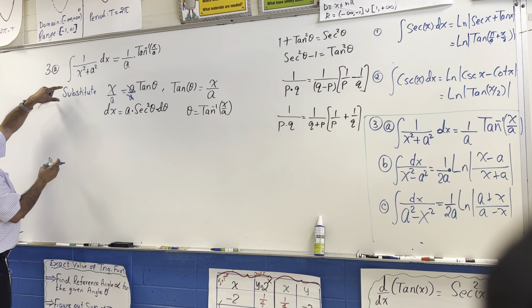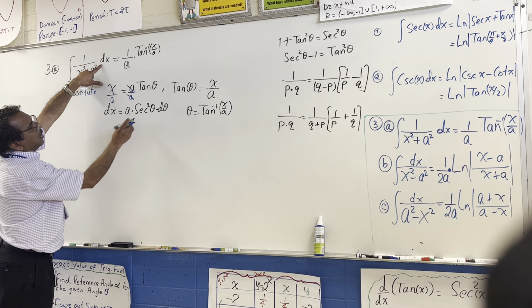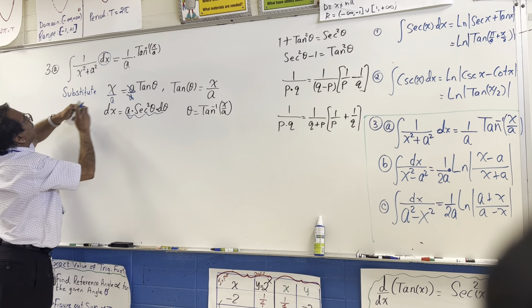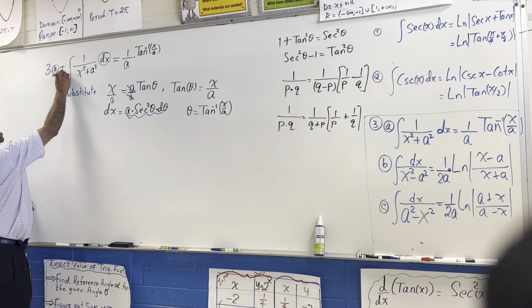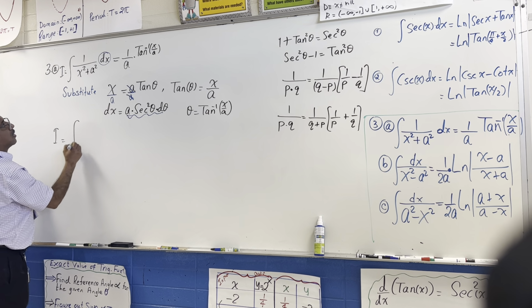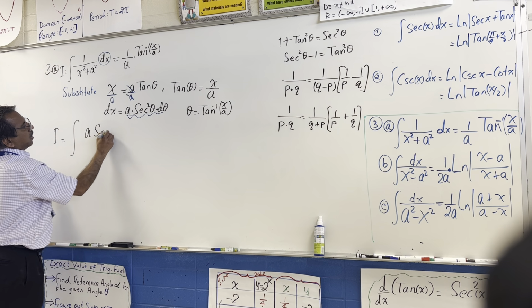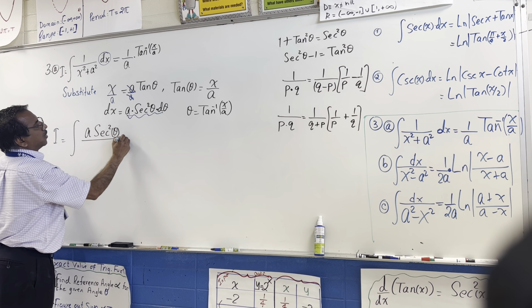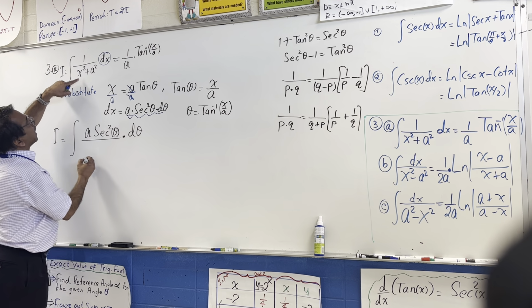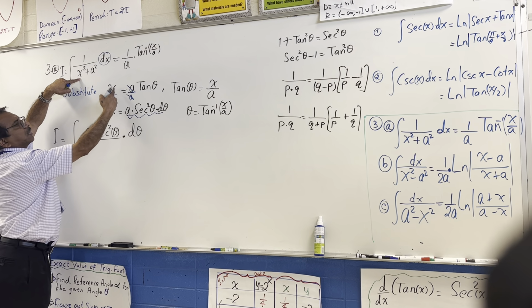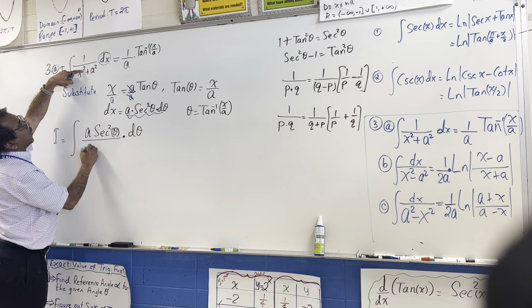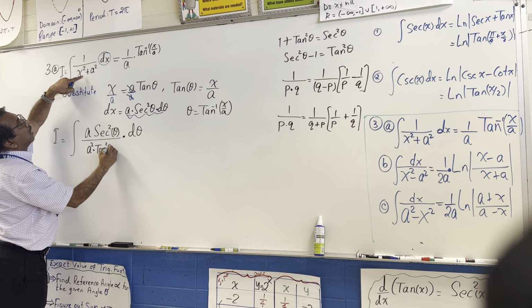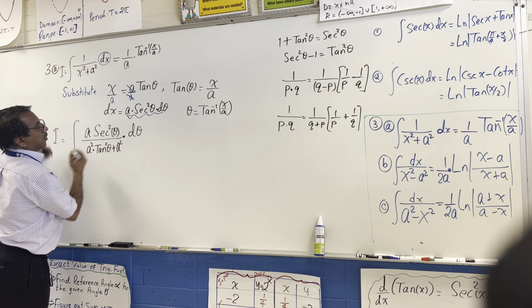Let's move here. So that means dx is replaced by a secant squared theta d theta. I will call this I. So I is the integral of a secant squared theta d theta divided by, x is replaced by a tan theta, because of the square, a squared tan squared theta plus a squared.